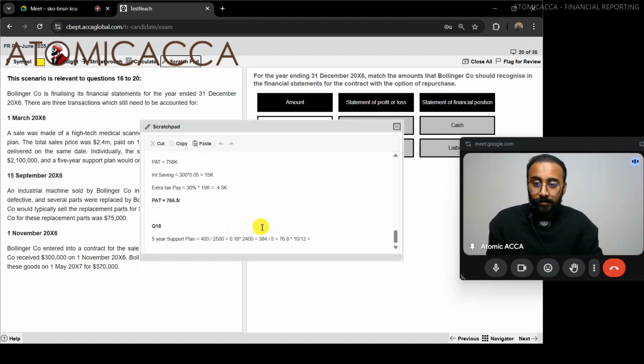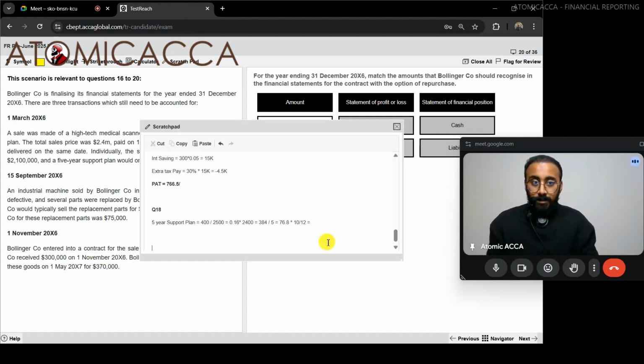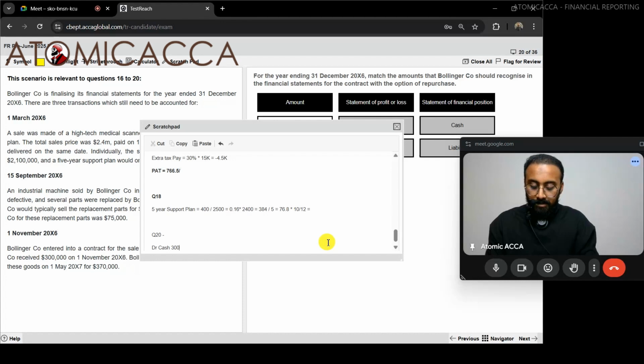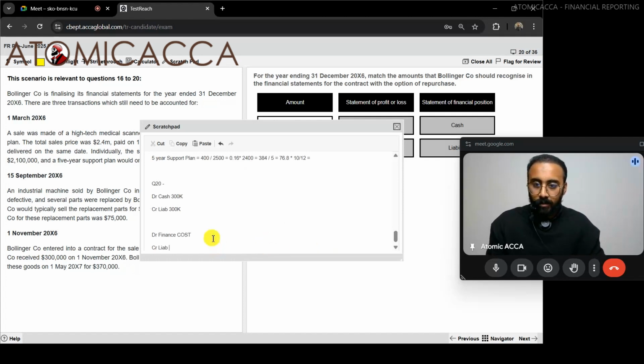So we'll just write over here. This is question number 20. First is debit cash 300k, credit liability 300k. Then debit finance cost, some value will be there, credit liability, some value will be there. Now what will be this value?